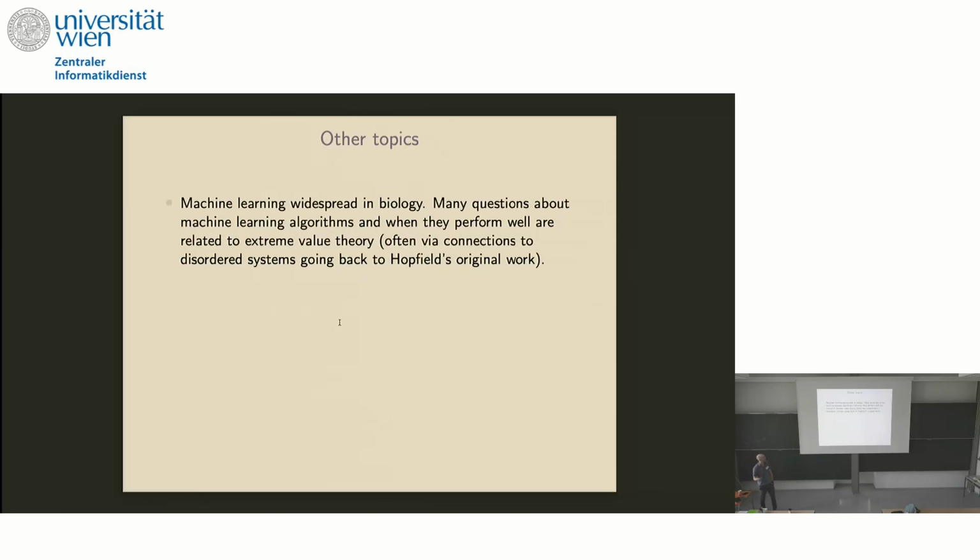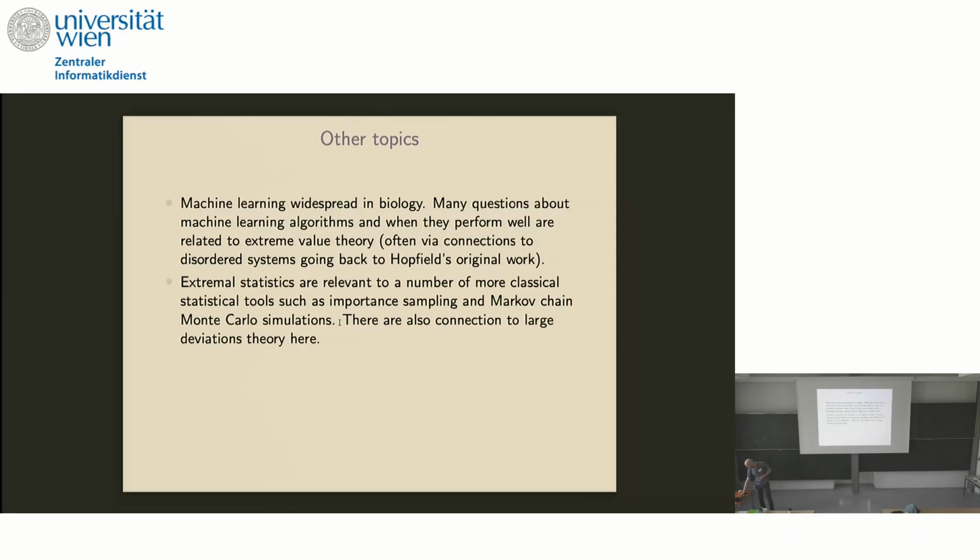There are a lot of things I didn't mention in this talk that do fall under this umbrella of extremal statistics. I didn't really talk about machine learning, which is widespread in biology. Questions about machine learning algorithms and when they work are closely related to extremal statistics, going back to Hopfield. There are also questions about classical statistical techniques like Markov chain Monte Carlo, which are used in biological applications.